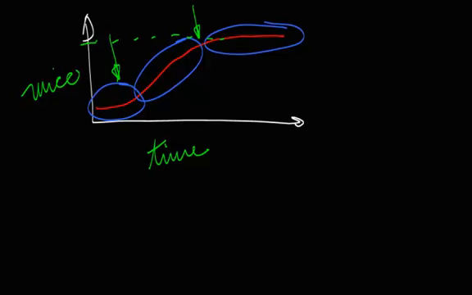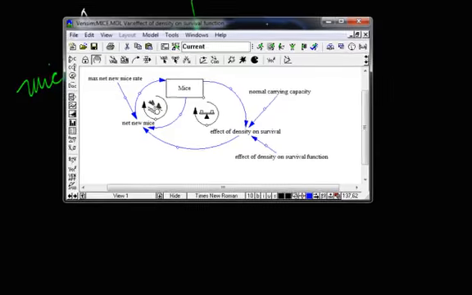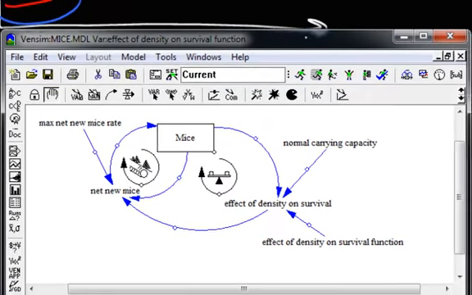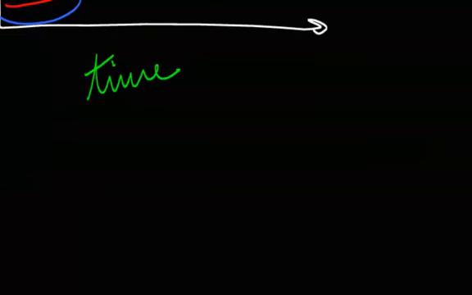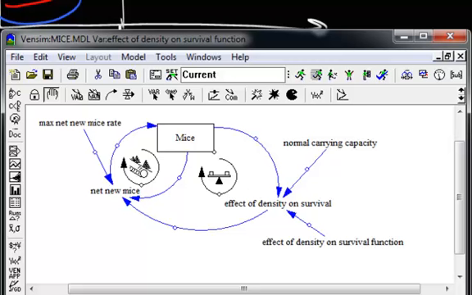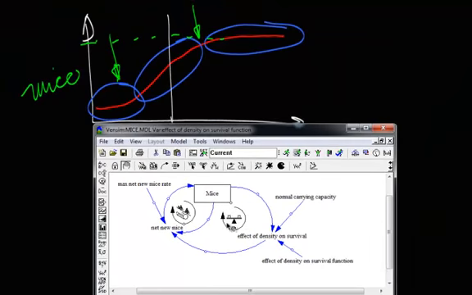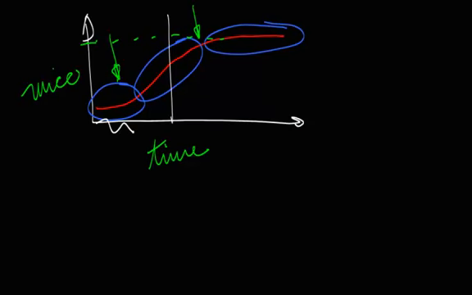So just get that back. Try to put the two side by side. So in this stage here, all the way up to say here, the number of mice is actually increasing, right? So this is where the positive feedback is kicking in, this entire portion of the model.